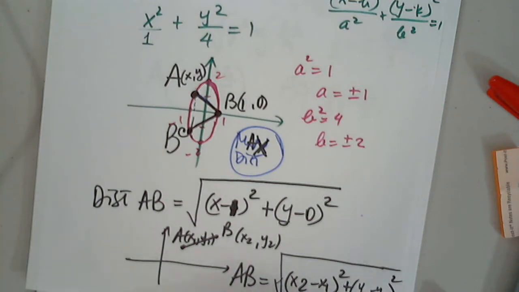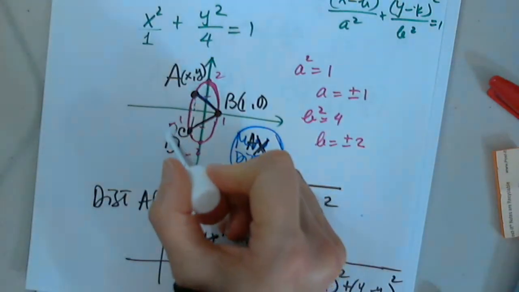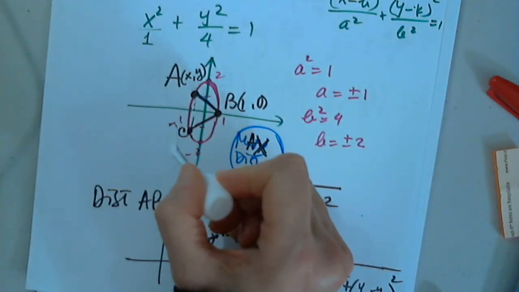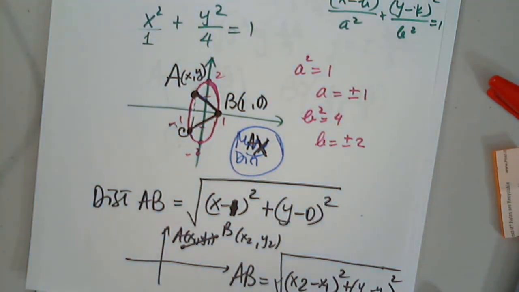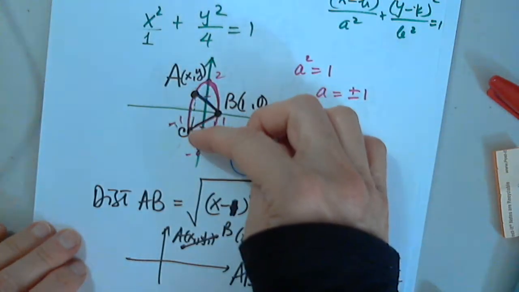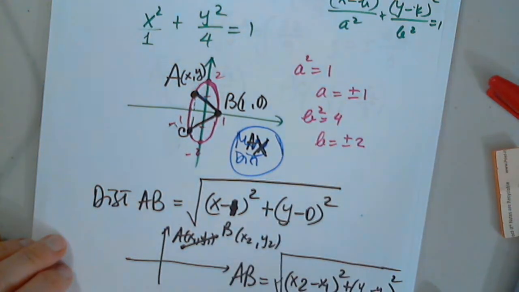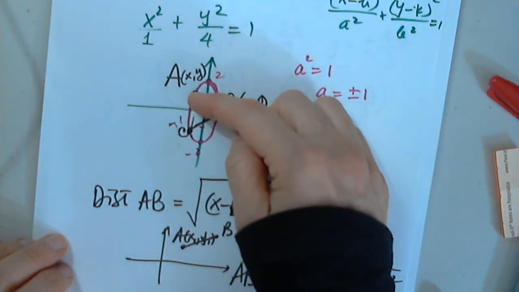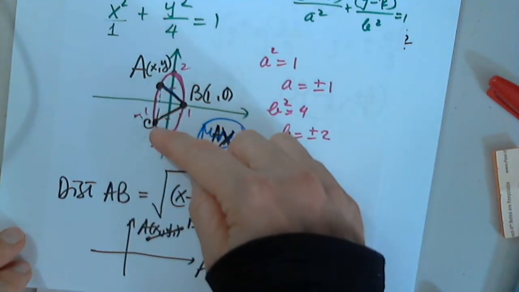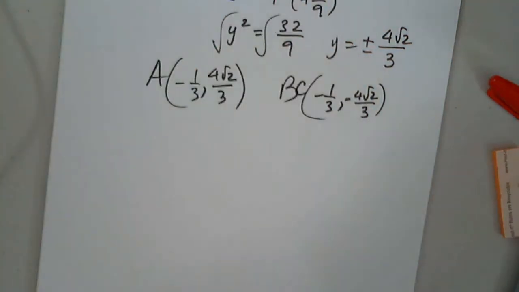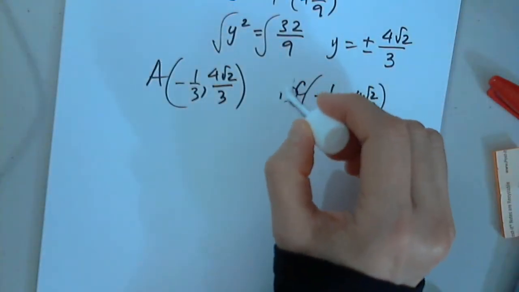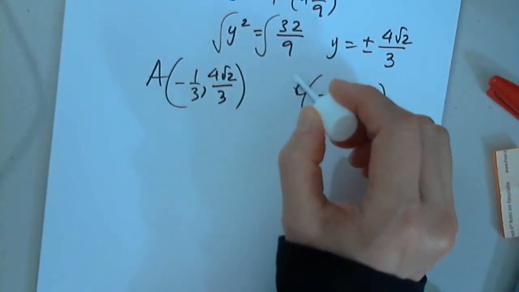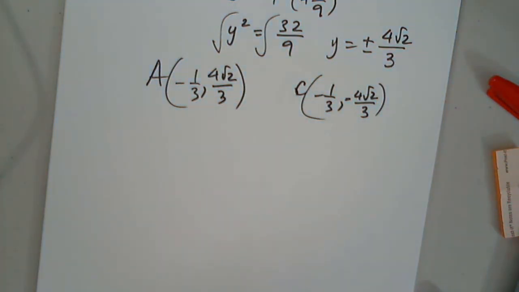I already named B. So the furthest away are point A and C, and they have the same x coordinate, which is negative 1/3, and the different y coordinate, of course, opposites of each other. If this is 4 the square root of 2 over 3, this must be negative 4 the square root of 2 over 3. Interesting problem. Thank you for picking that. Good.